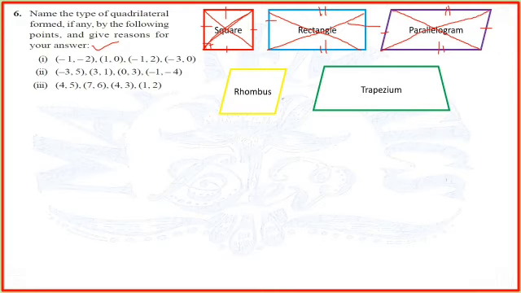In a rhombus, all sides are equal like a square, but the diagonals are not equal. Diagonals have different measurements. And in a trapezium, one pair of sides is parallel and the other pair is non-parallel.